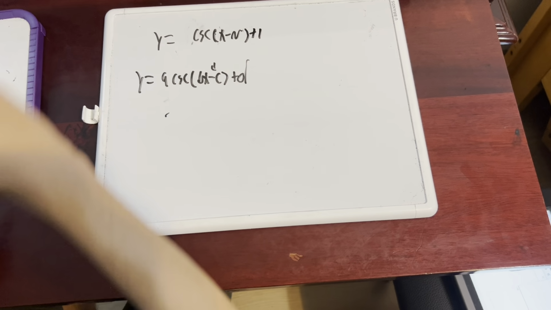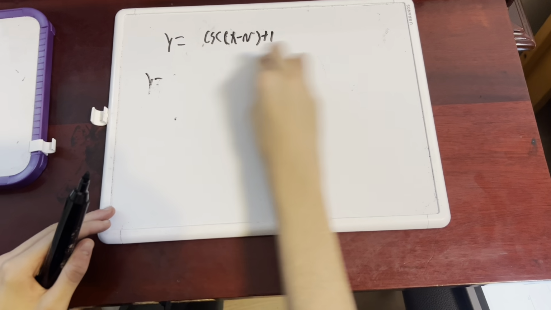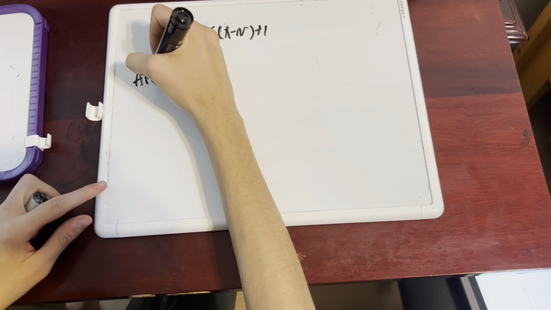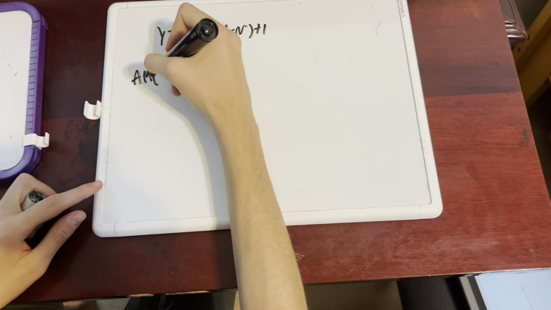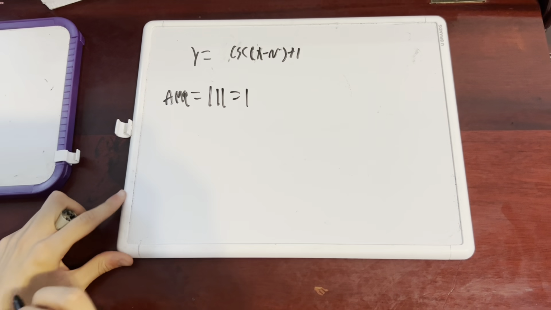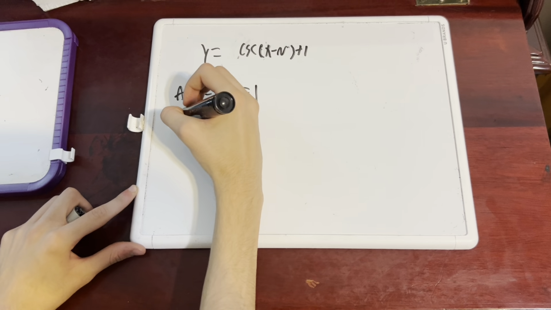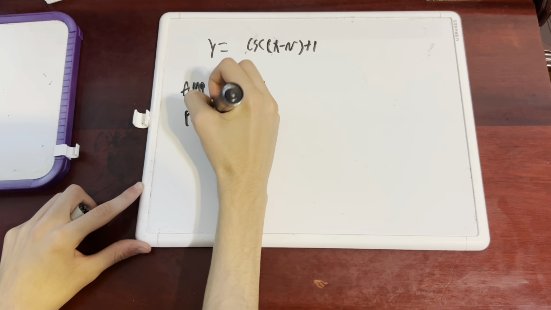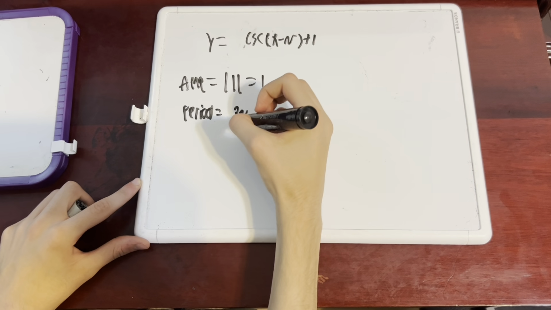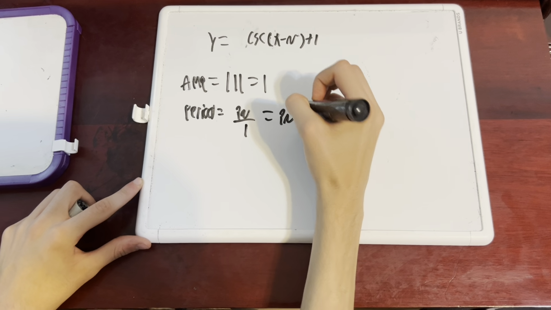So the amplitude would equal the absolute value of 1, which equals 1. The period would equal 2 pi divided by our b, which is also 1, so it would equal 2 pi.